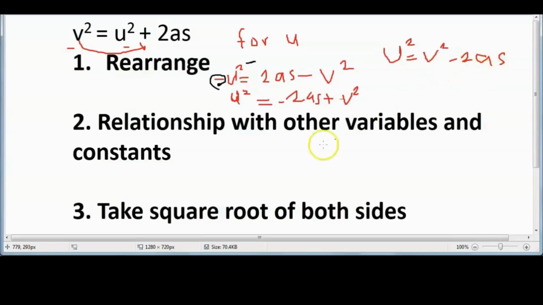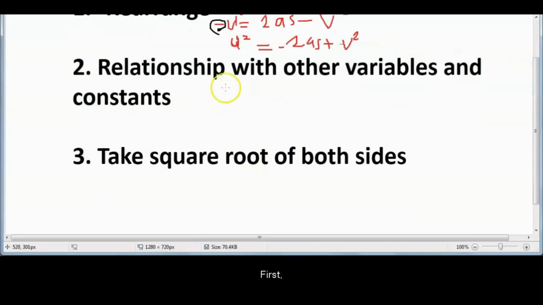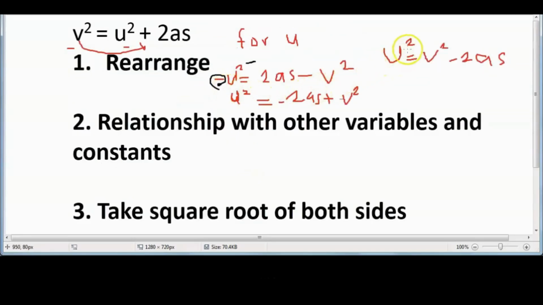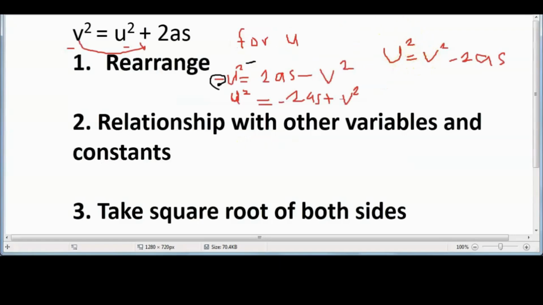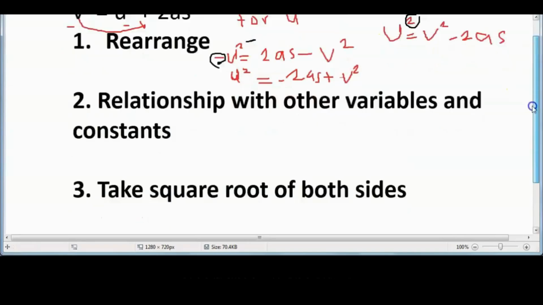So next, we are going to take the square root of both sides because u is not alone. We have removed the minus, and now we remove the square. The opposite of square is square root, so we'll take the square root of both sides.